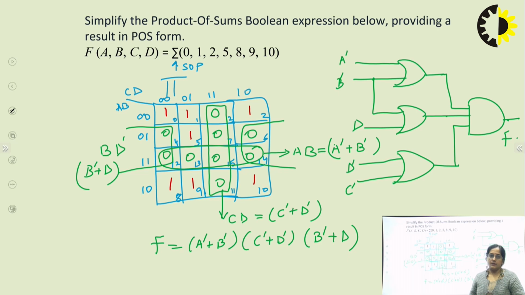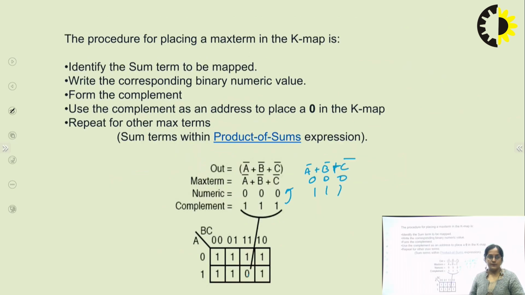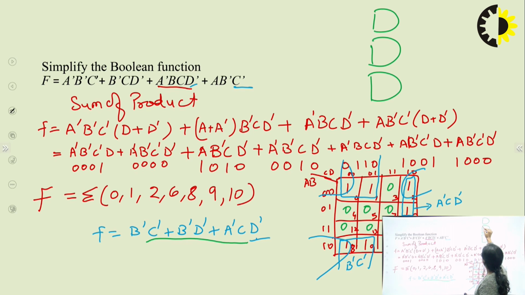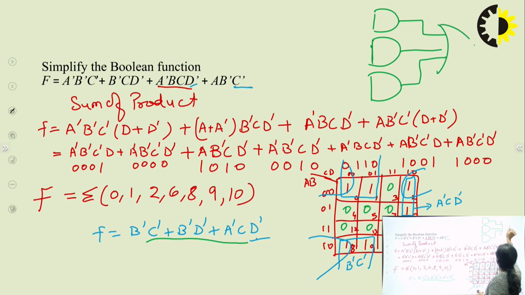We can have an implementation for SOP also. Like here we can draw the circuit for this expression. So here we can have an AND gate and one OR gate.